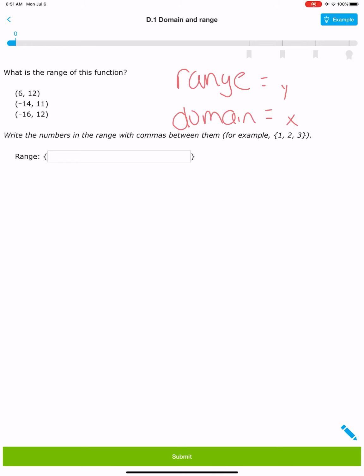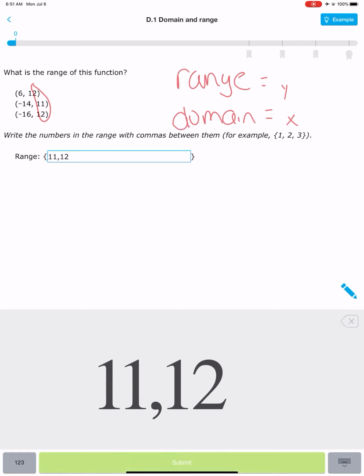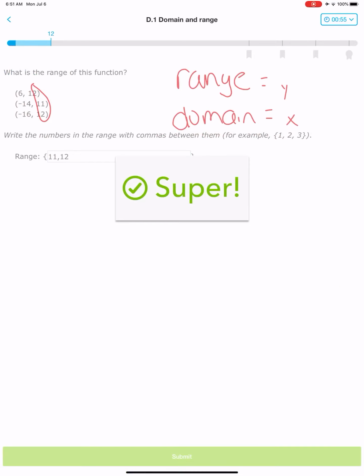So our range are all the y's. We know that 12, 11, and 12 are all of our range. We don't have to list 12 twice, so our range is 11, comma, 12. Make sure you write them from least to greatest, okay?